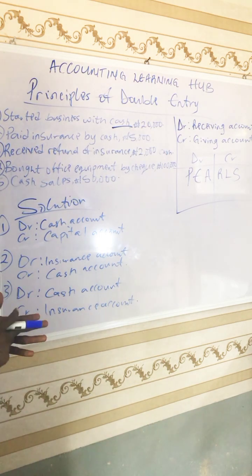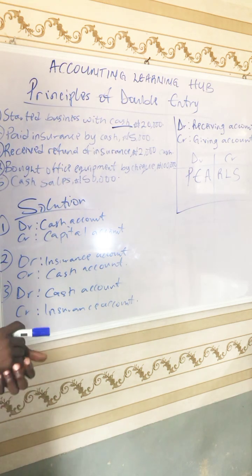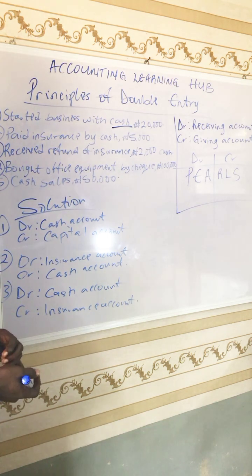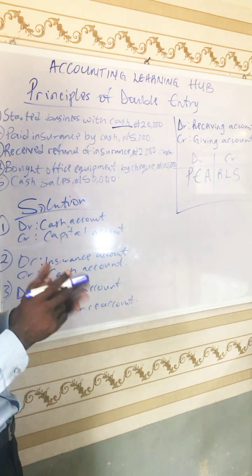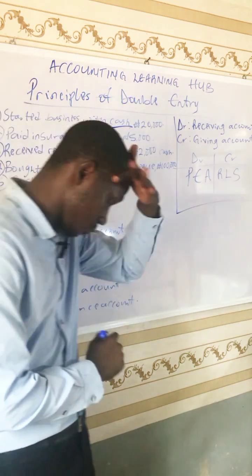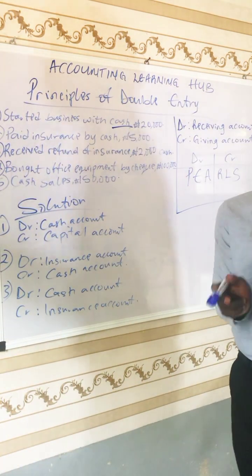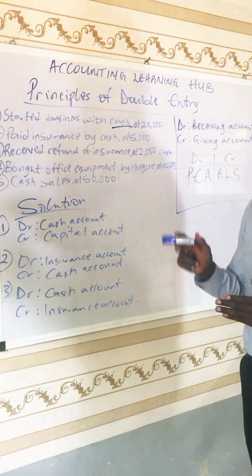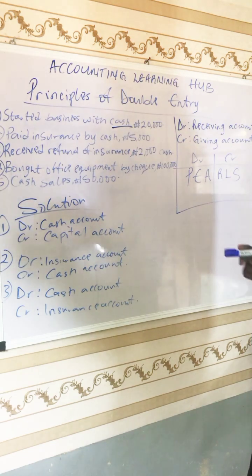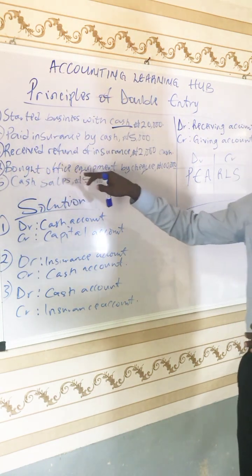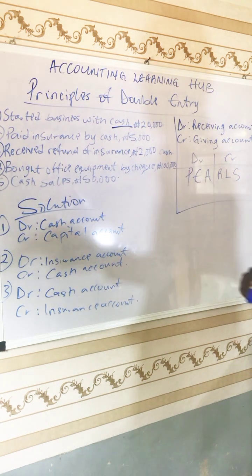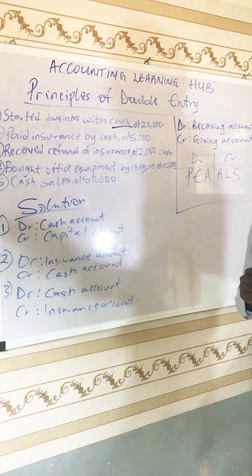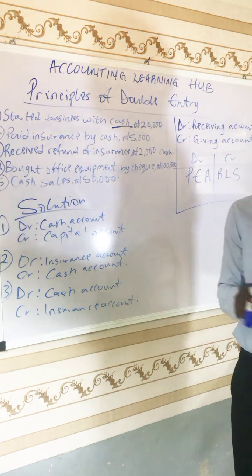Question 4. Bought office equipment by check. We purchase office equipment. Are we going to regard that as purchases or what? Many students often make the mistake of regarding transactions like this as purchases, but it is not, because the office equipment that was purchased was not for the purpose of resale.